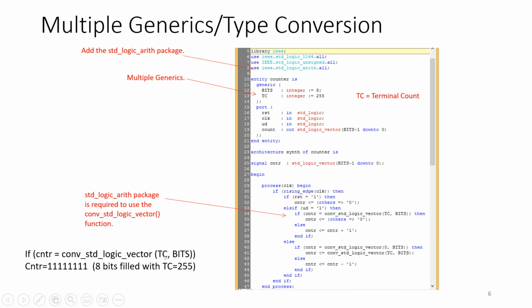So I'm using the terminal count 255 as an 8-bit, converting it to a binary number. This command converts standard logic vector. It converts this decimal number 255 as 8 bits. Since it is 255 and 8 bits, all bits will be 1, so I can use it in the comparison. Comparing the counter, and this counter I am comparing, it is comparing it with an 8-bit binary number.